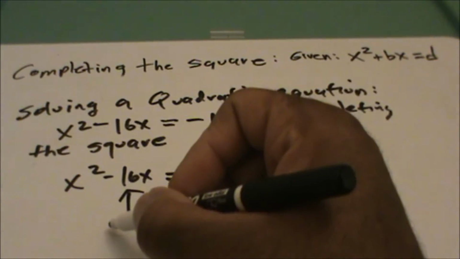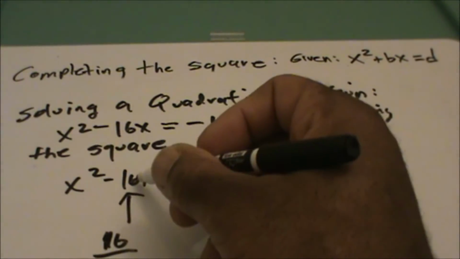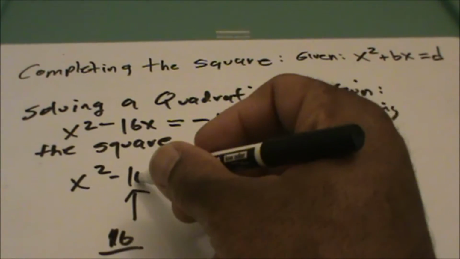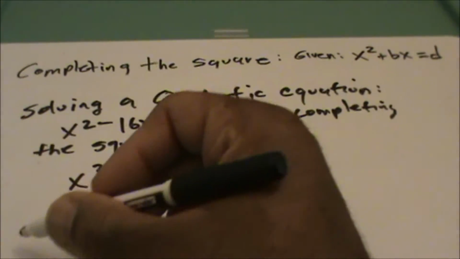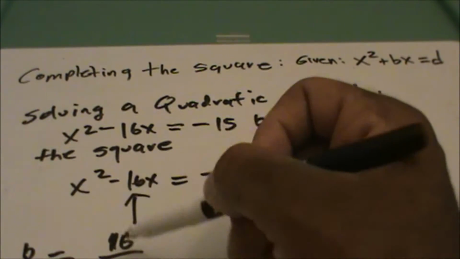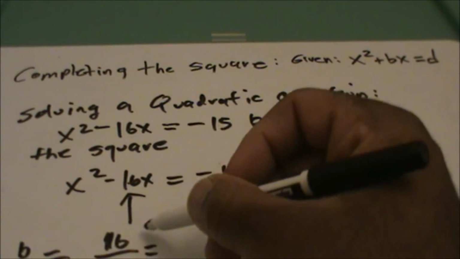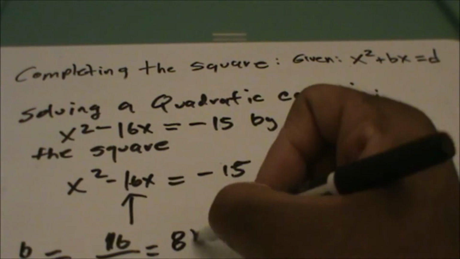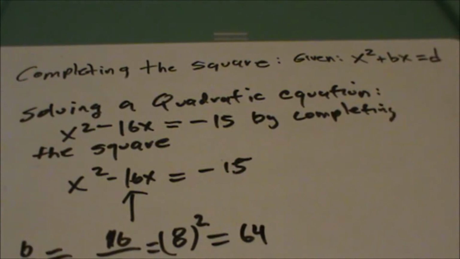Take the 16, which is b, divide it by 2, take half of that. Half of 16, 16 over 2, is 8, and then square it, which is 64.